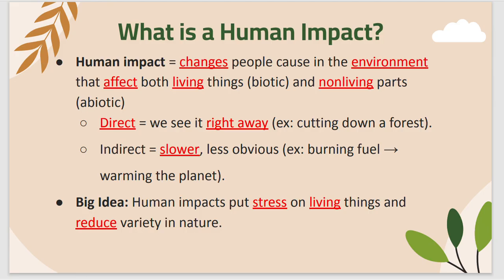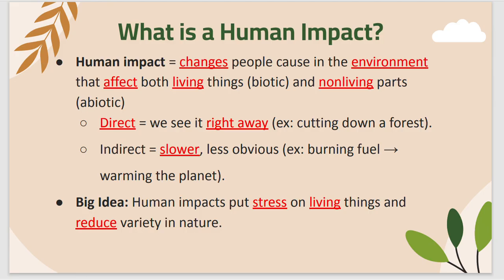Versus indirect, these are slower, less obvious changes or consequences. They take more time, they build up before we get to really see those consequences hit home. Examples of that are going to be things like climate change and global warming, burning fuel that we've been doing since the 1800s, and now we're seeing the consequences of warming the planet.